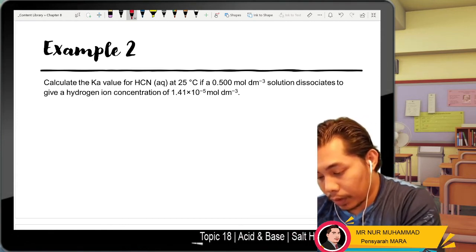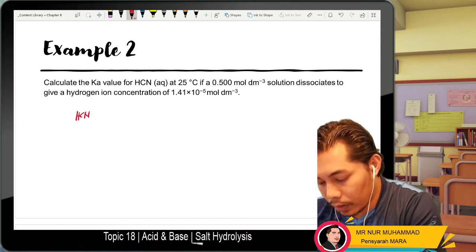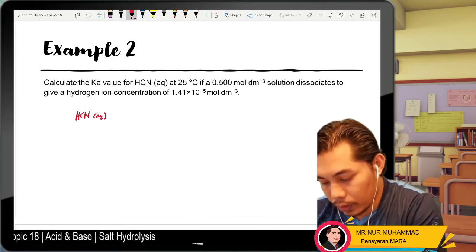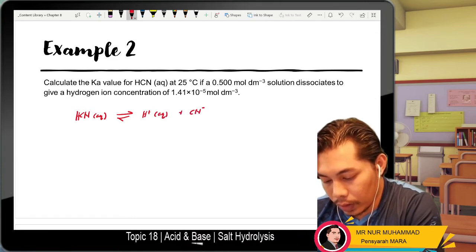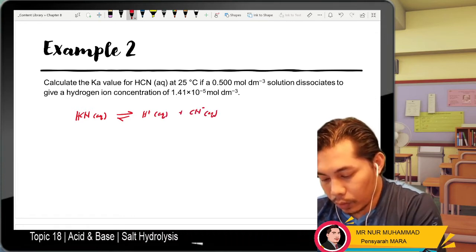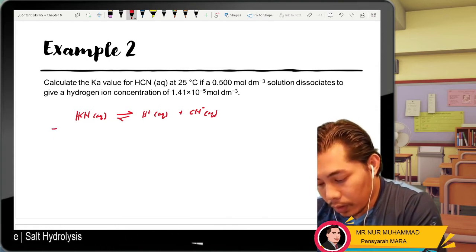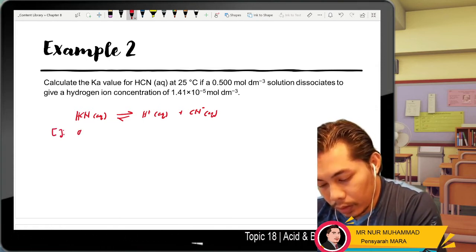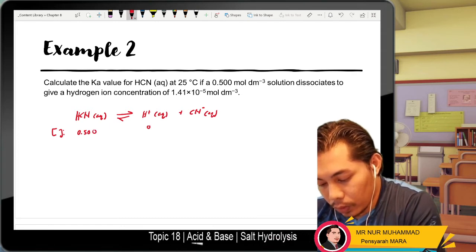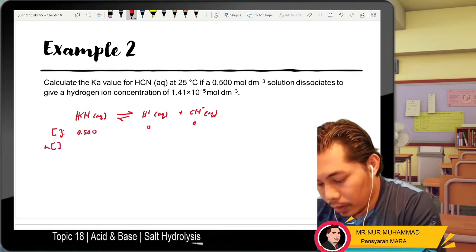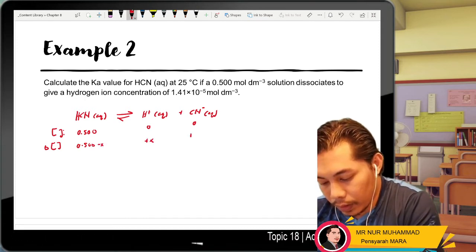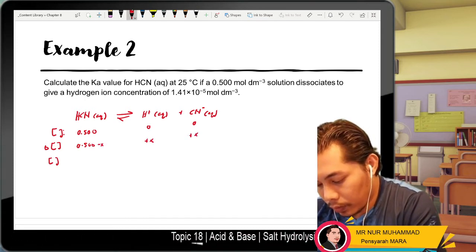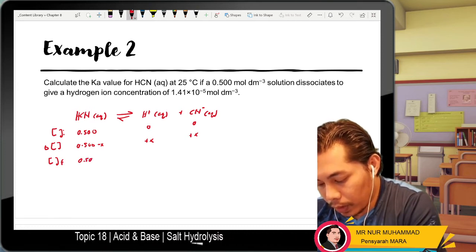Write the chemical equation: HCN aqueous produces hydrogen ion aqueous plus CN minus aqueous. This is a weak acid, so the initial concentration is 0.500, and the change is minus X, plus X, plus X.